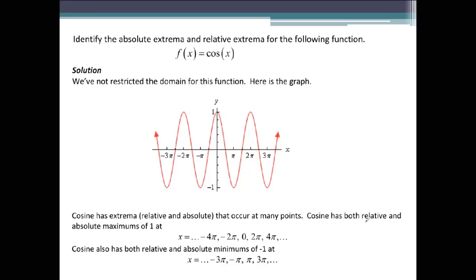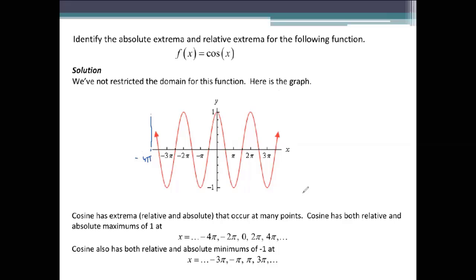So cosine has both relative and absolute maximums of 1 at, for example, minus 4 pi, minus 2 pi, 0, 2 pi, and 4 pi, etc.